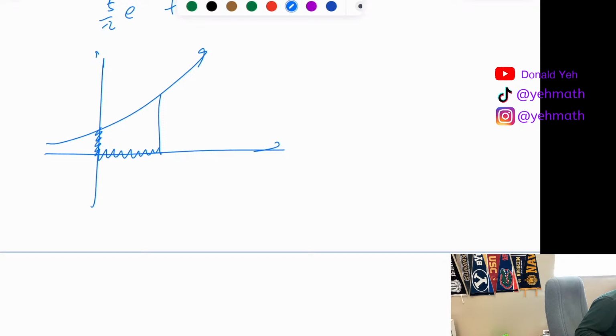So they are basically trying to find the area underneath this. So it'll be the integral from 0 to 5 of e to the x dx. So it'll be e to the 5 minus e to the 0, so e to the 5 minus 1.